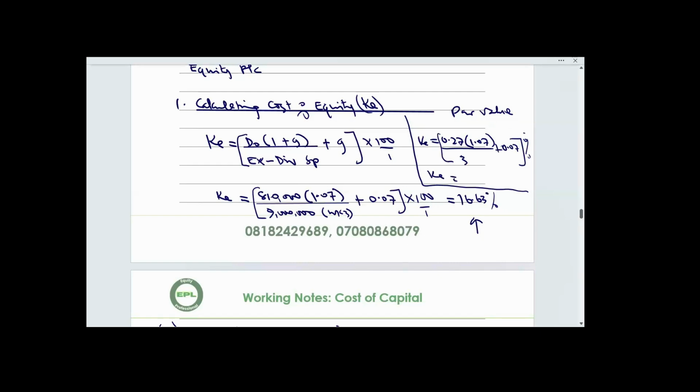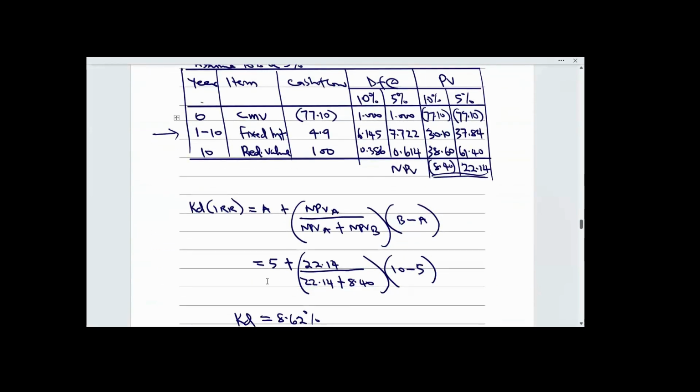Let's see. 0.27 multiplied by 1.07, equal, divided by 3, equal, plus 0.07, equal, then multiply by 100%. So 16.63. Whether you use absolute value or power value, you're expected to get the same answer. So that's the end of the question.